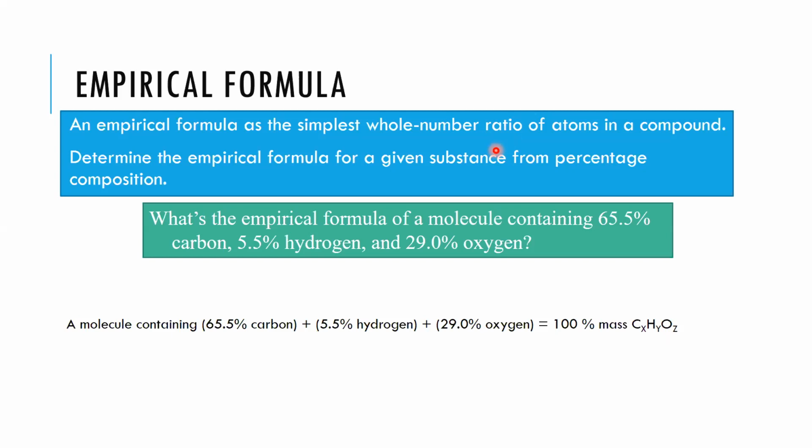So for example, take H2O2. H2O2 is hydrogen peroxide, and you have 2 hydrogen and 2 oxygen. That is the molecular formula. If you find the empirical formula, if you simplify the 2 and 2 in H2O2, you get H1O1. So H1O1 is the empirical formula of hydrogen peroxide, and H2O2 is the molecular formula.